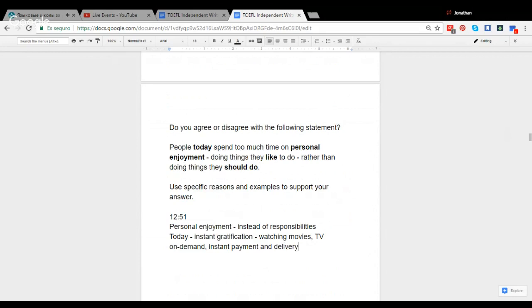Even home delivery and next day things like Amazon, to get things that you enjoy, so you don't exactly have to invest as much time or effort to get results.